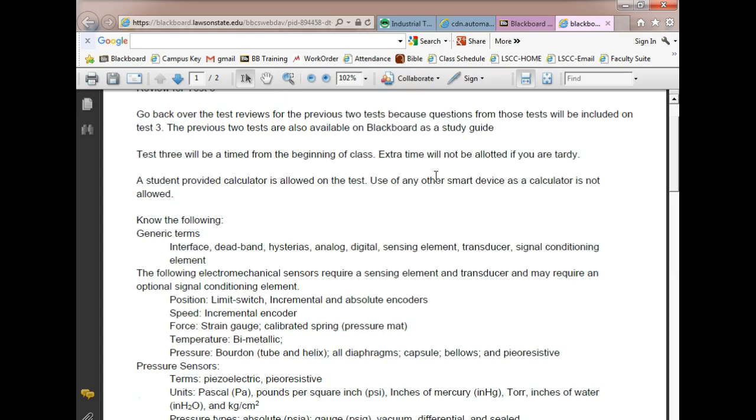Deadband. What's the deadband? It states whether the device is on or off. So it's a state between on and off. You understand that? All compressors have a deadband. Your air conditioning unit has a deadband.